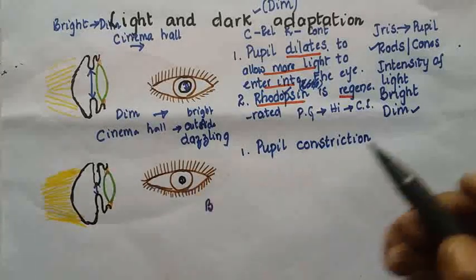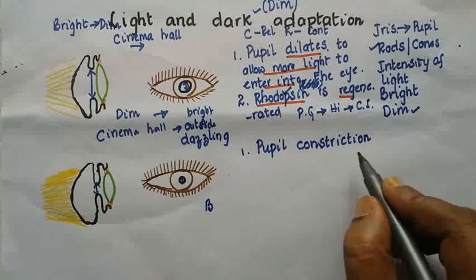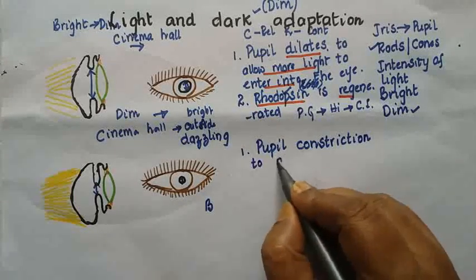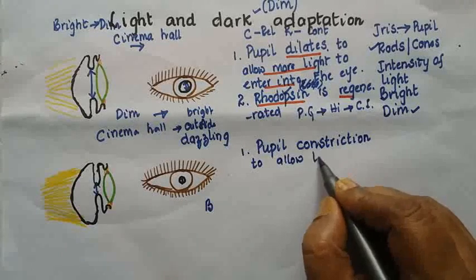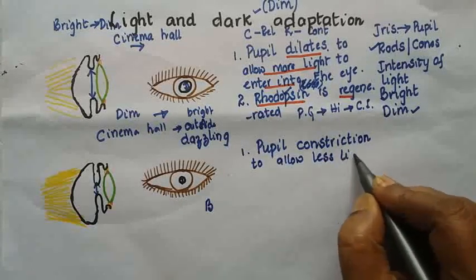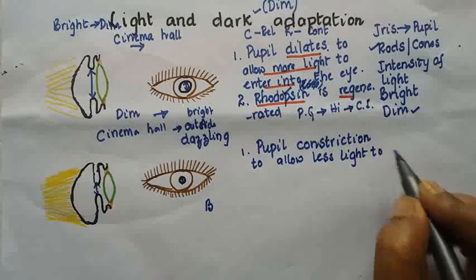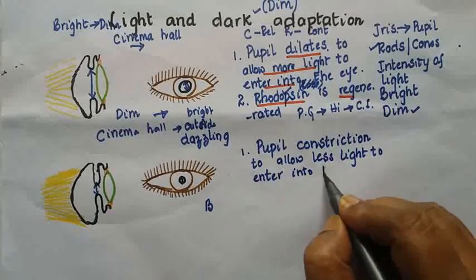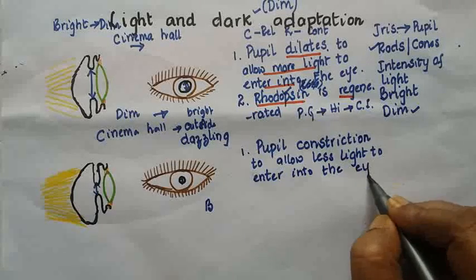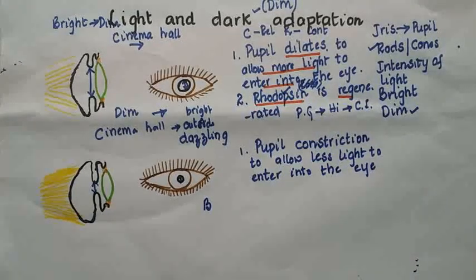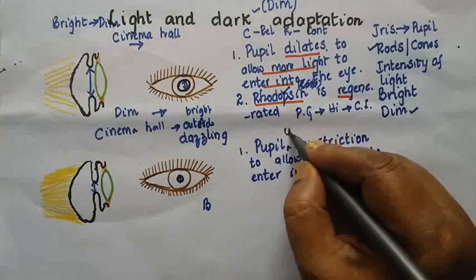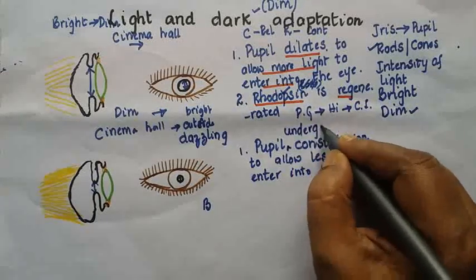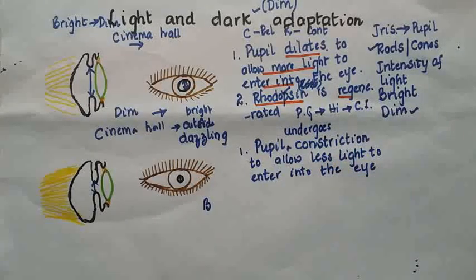So the pupil constricts to allow less light to enter into the eye. So what is the first change that you find? The pupil undergoes constriction to allow less light to enter into the eye.